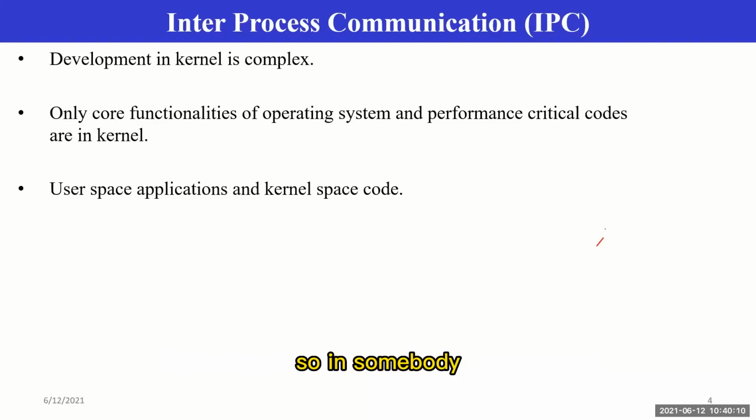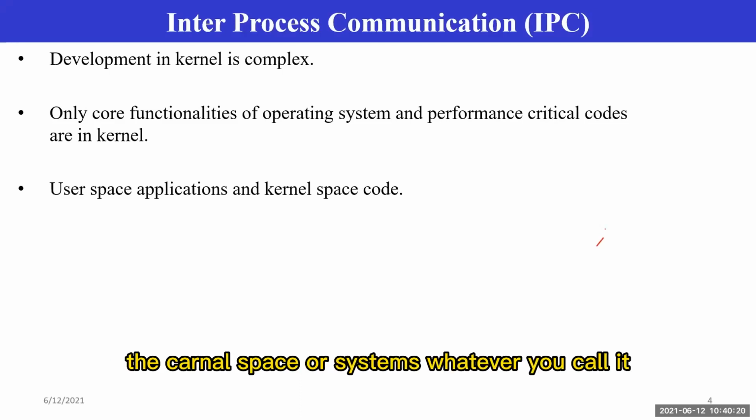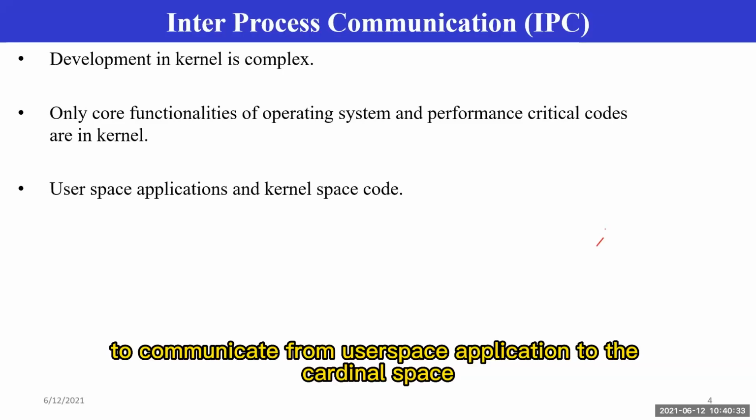So in summary, we have two kinds of address space. One is the user space applications and the other is the kernel space or system space, whatever you call it. Very frequently, though maybe not always, it is required to communicate from a user space application to kernel space.